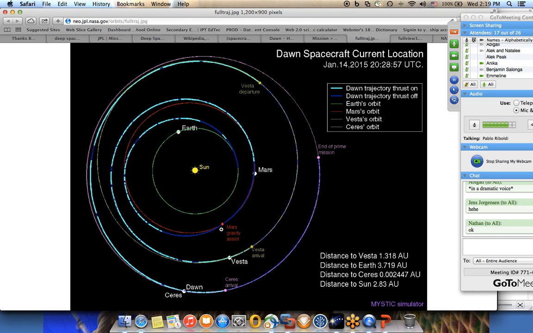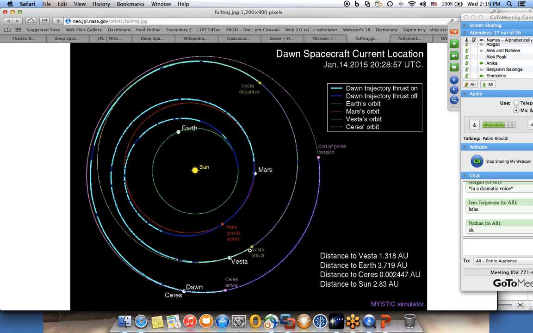And then it went through Mars, and it got a gravitational assist, meaning an acceleration from Mars. Then again, it engaged the thrust engine, and then it encountered the asteroid Vesta.